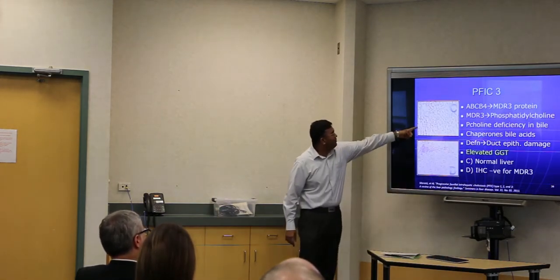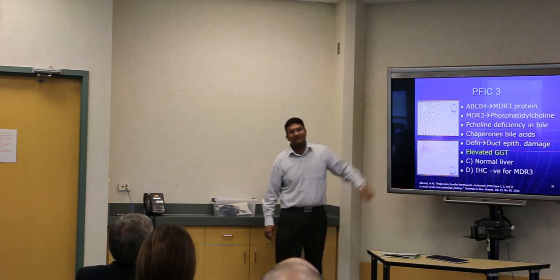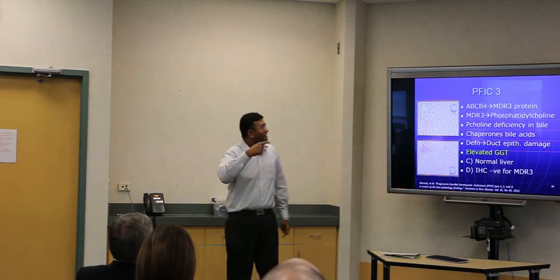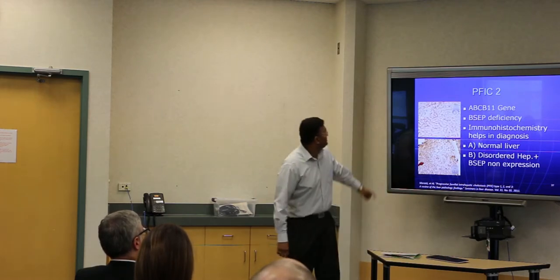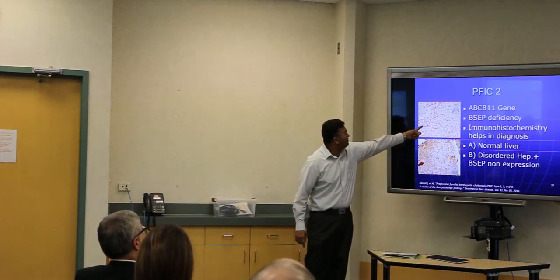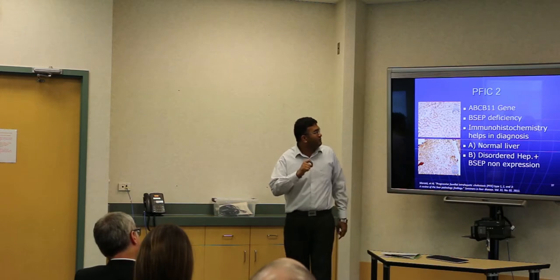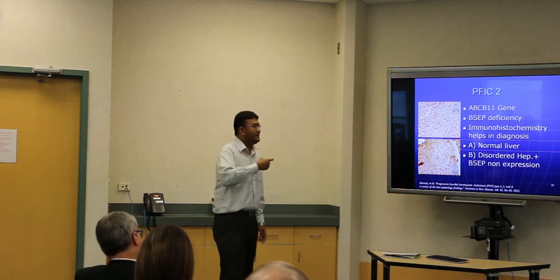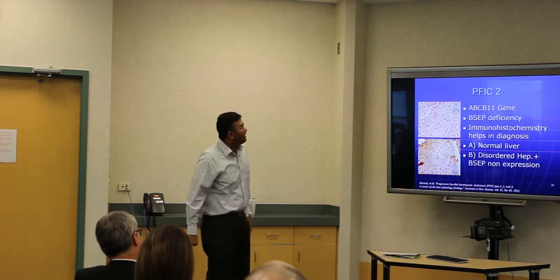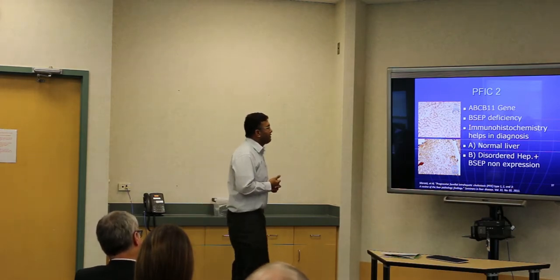What you see as these brownish lines is where BSEP is present, and that's where the stain sticks. And you see a normal pattern of canaliculi with BSEP present.